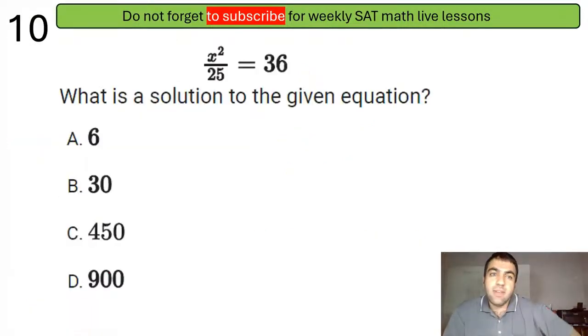Next question. What's the solution to the given equation? Okay, teacher, I understood. Mr. Shahin says, okay.